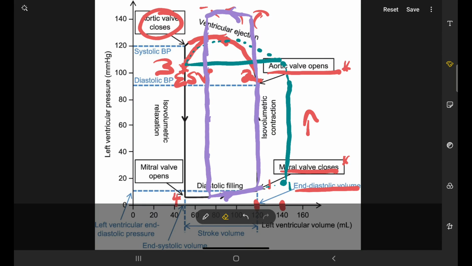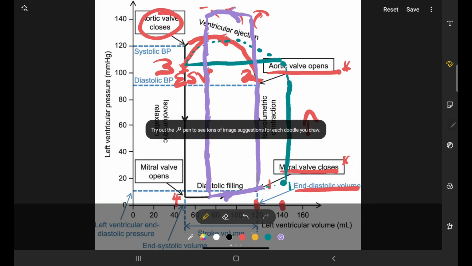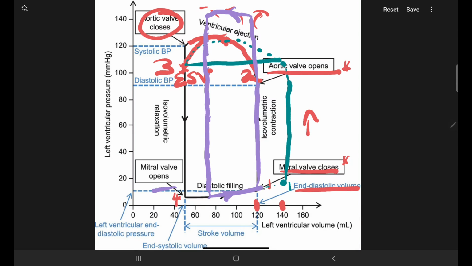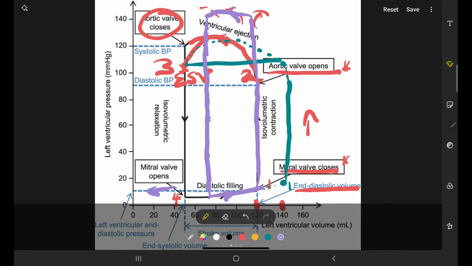Okay, so if you're going to see an increased stroke volume, you want to observe a reduction in end systolic volume. So let's see how you can draw that.